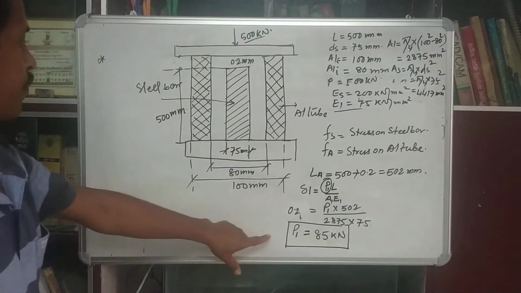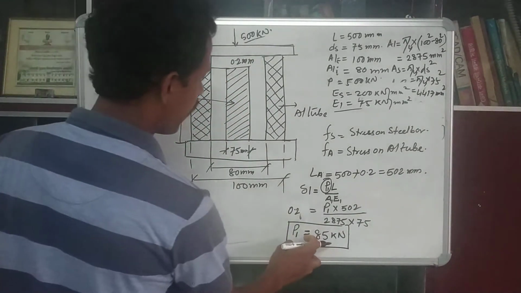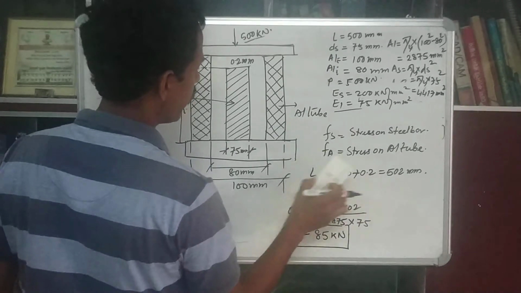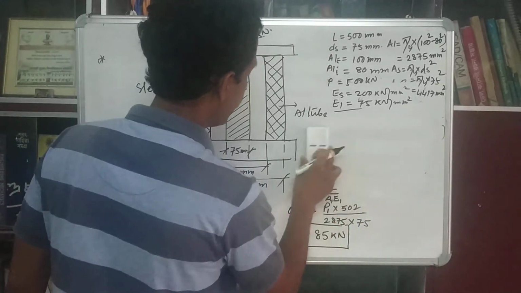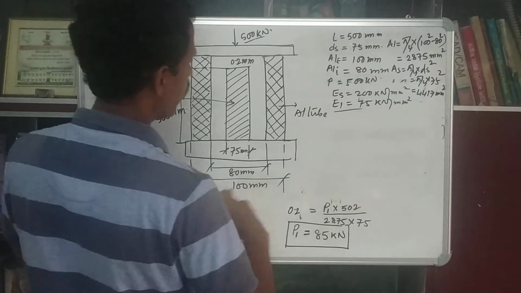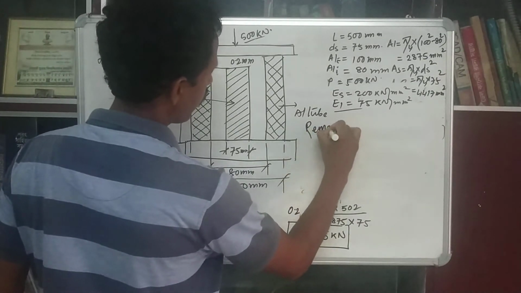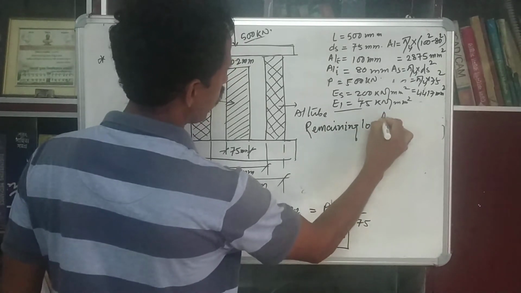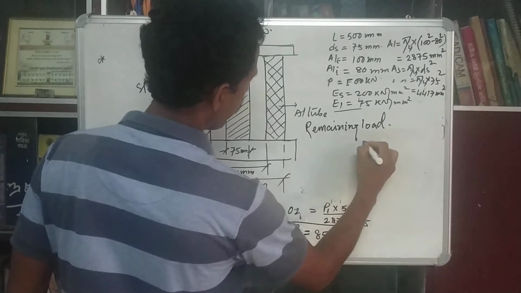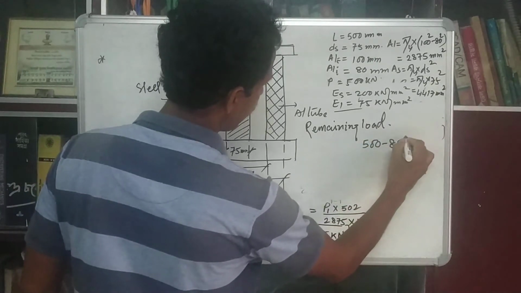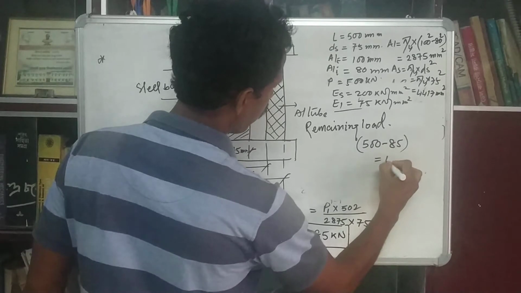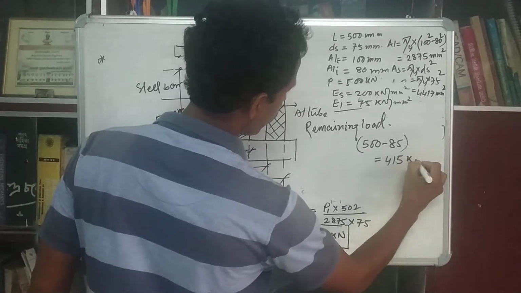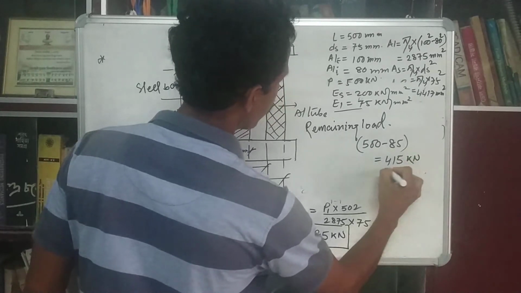Now this 85 kilonewton is shared by the aluminum tube. The remaining load, since the total was 500, will be 500 minus 85, that is equal to 415 kilonewton.